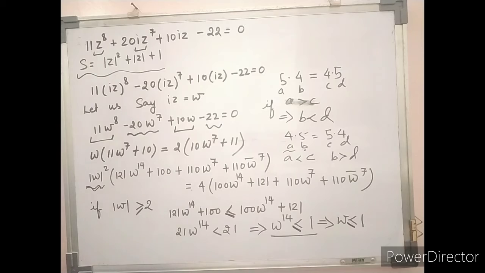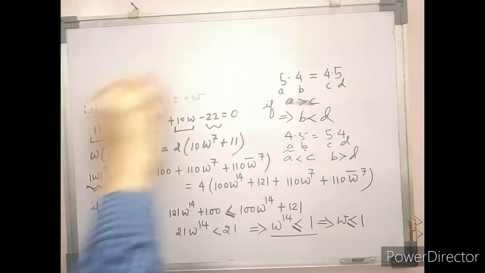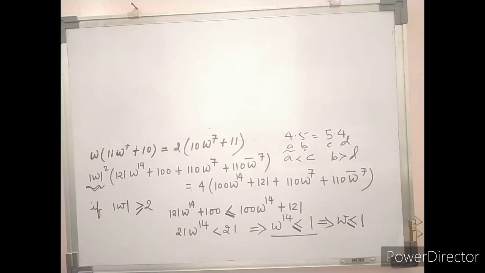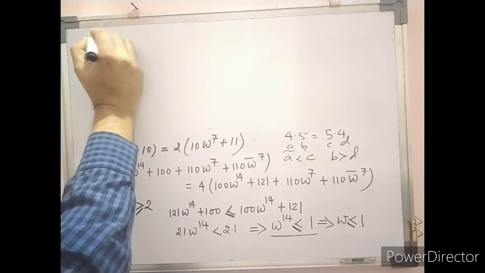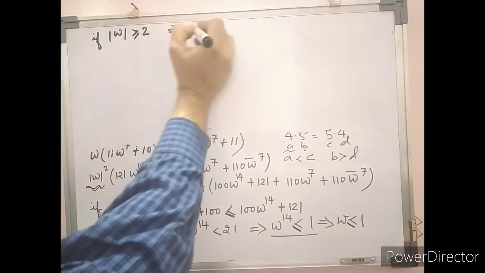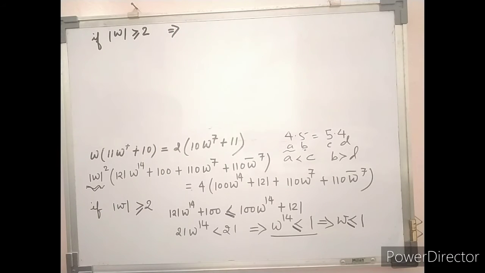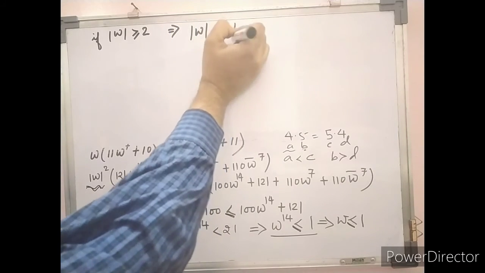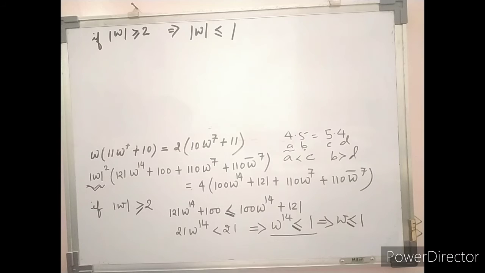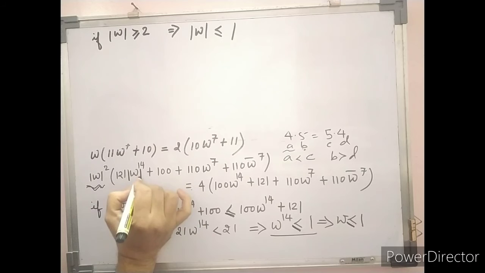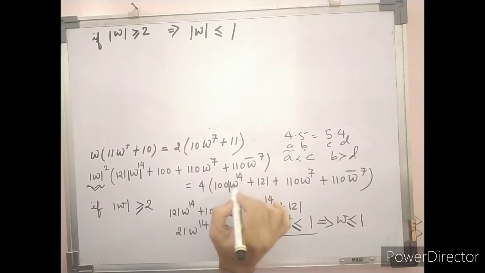Now we will be analyzing this particular result that we got. What we got? We took the condition that if mod of W is greater than equal to 2, then we can write that mod of W is less than equal to 1, right? Yeah, because here now while squaring we can put mod of W to the power 14, it would be correct.